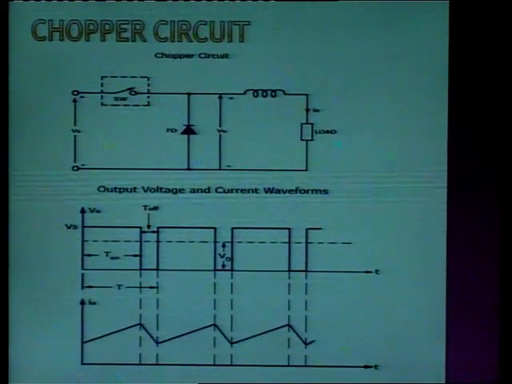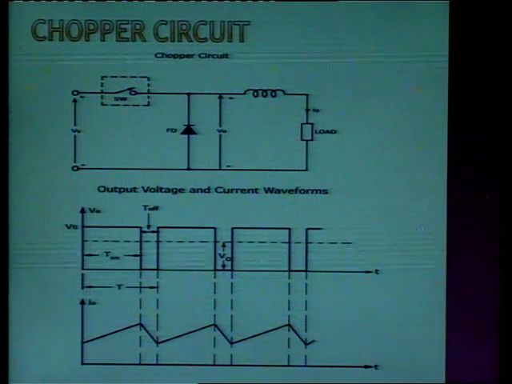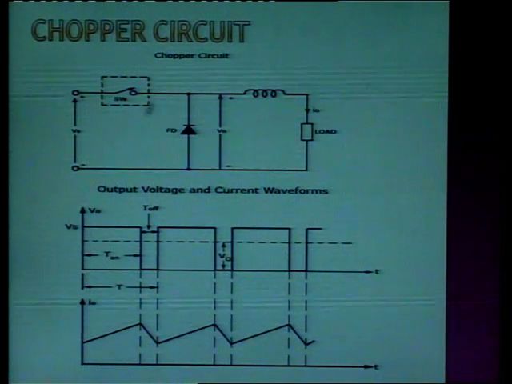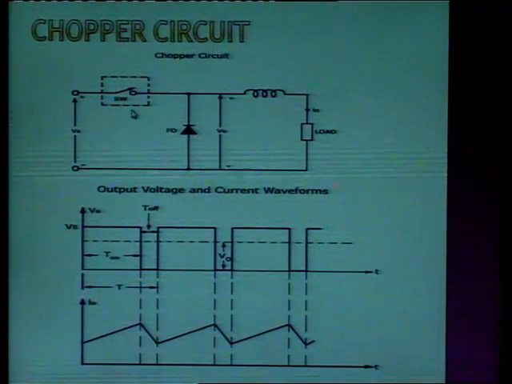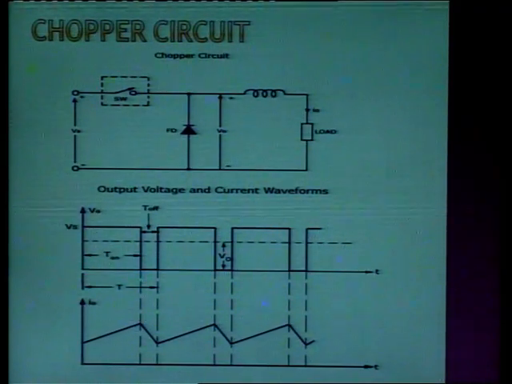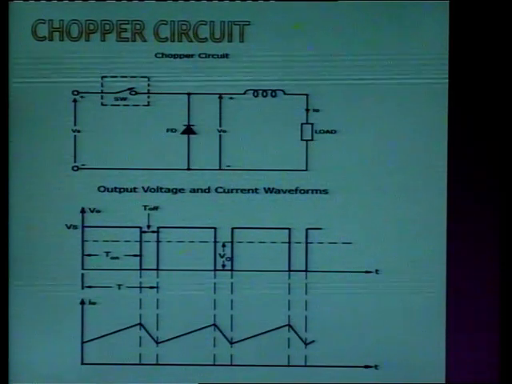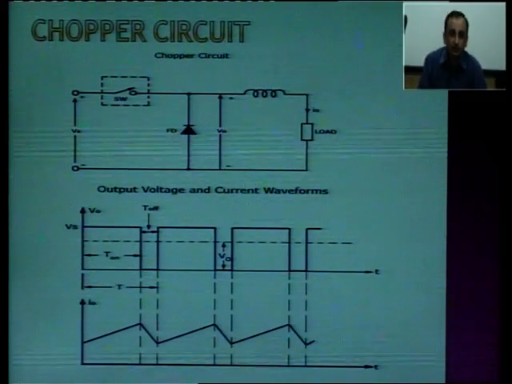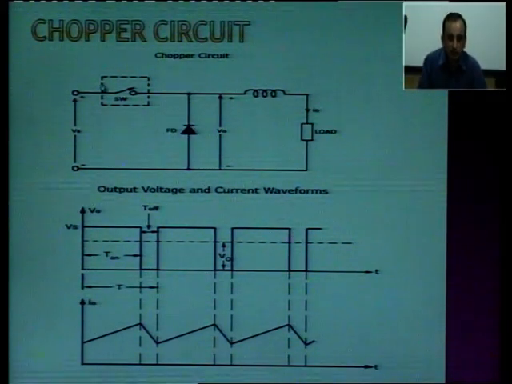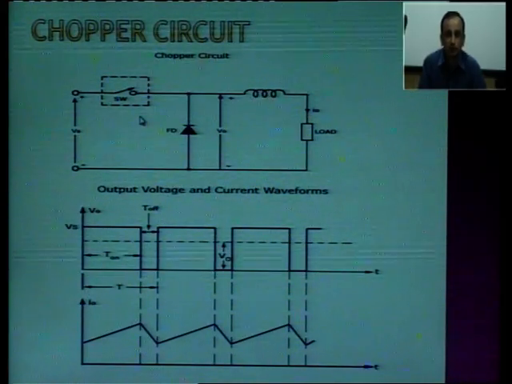Now, this is the circuit for chopper. This chopper is acting just like a switch, and the switch is made up of a switching device, just like your thyristor. It can be your MOSFET, it can be your transistor, and this is represented by this box. It represents that it is not only a switch, but there are also commutation circuits.